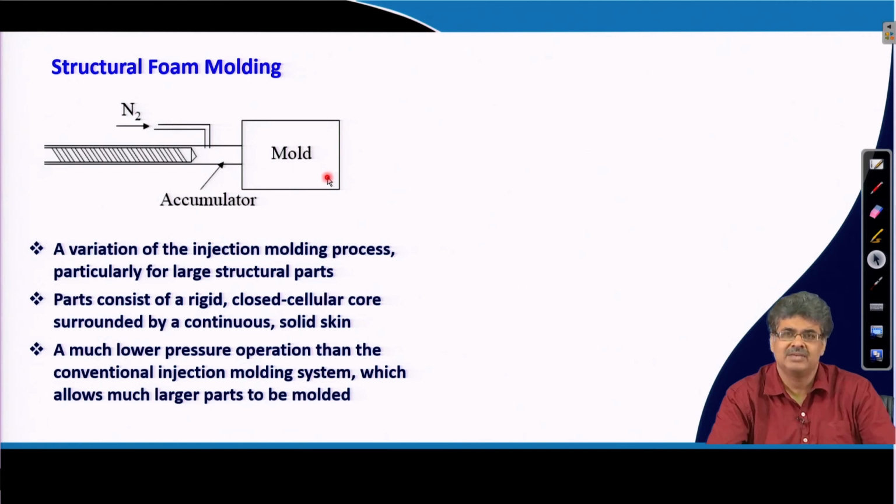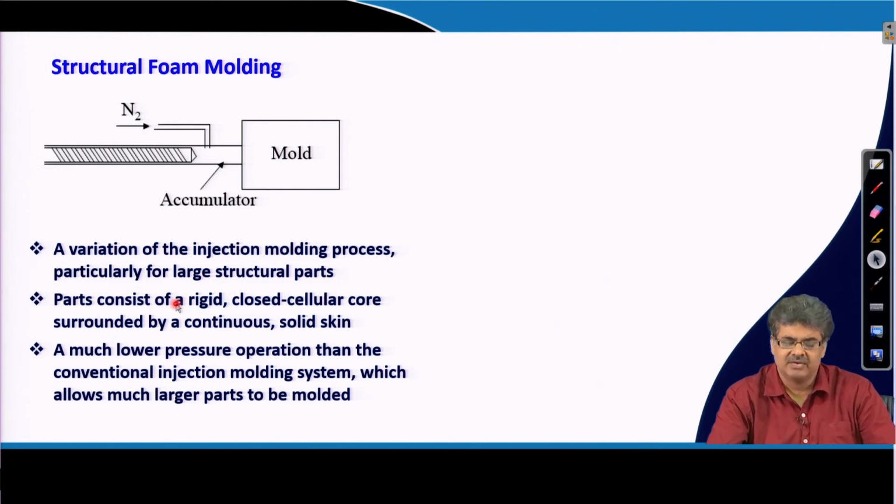So, in this case we are making a foam product where gas is dispersed within the polymer matrix. It is a variation of the injection molding process, particularly for large structural parts.